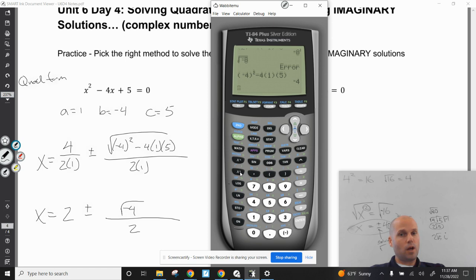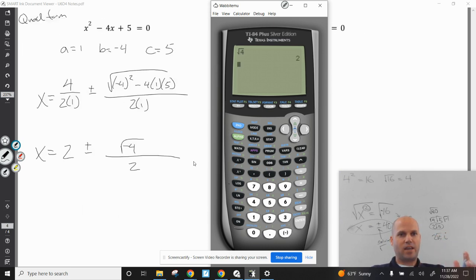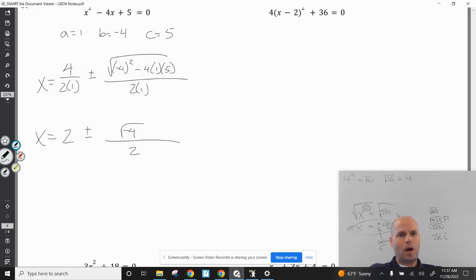The square root of -4 is not -2. It doesn't exist. It's imaginary. This is where we say, oh, the square root of -4 is just like the square root of 4, but it's just imaginary. The square root of 4 is 2. So the square root of -4 is 2i.